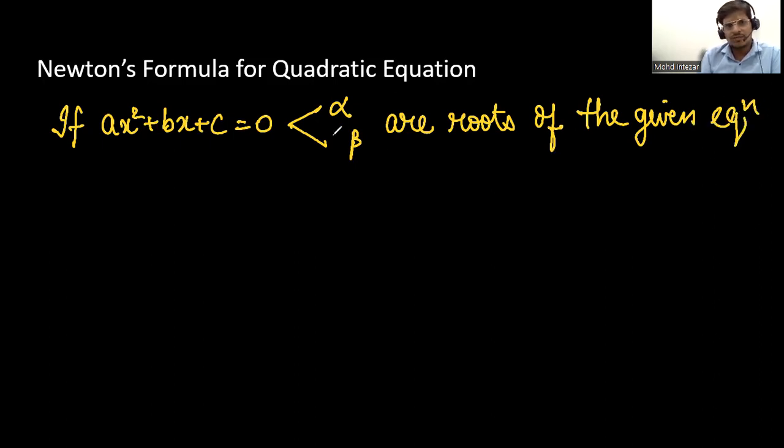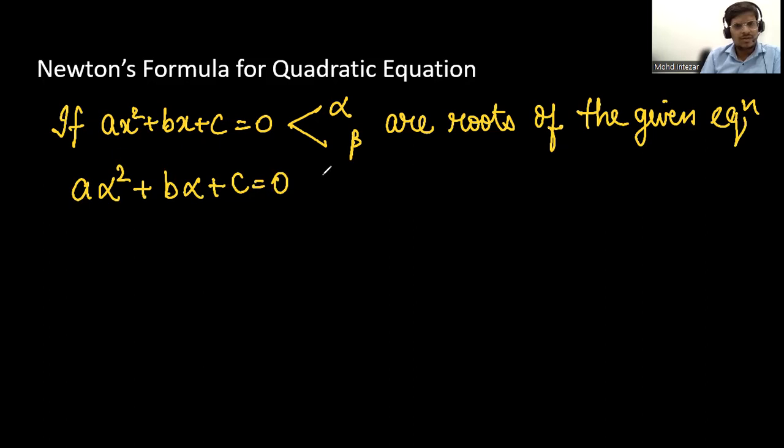So if alpha and beta are the roots of this equation, then alpha and beta both will satisfy this equation. So we can say that a alpha square plus b alpha plus c will be equal to 0.